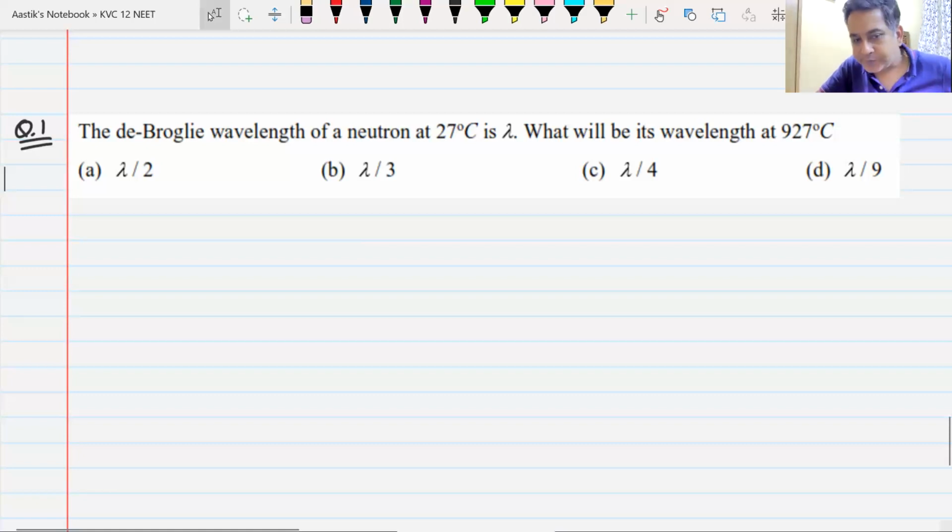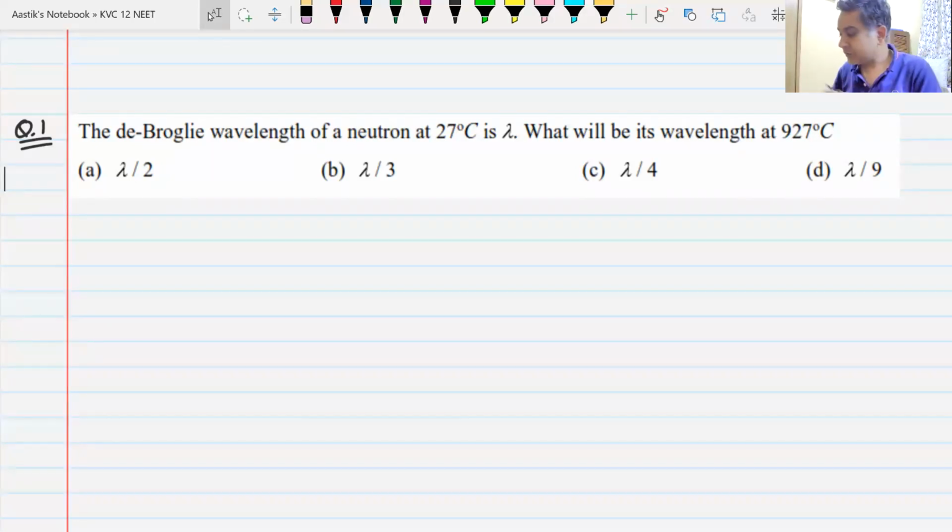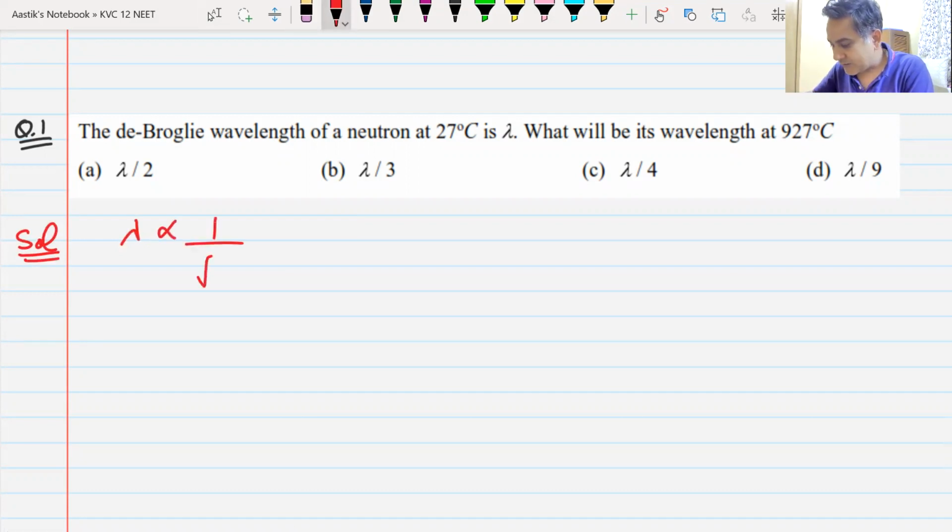Shall I do it? Now, we've already seen that this lambda is inversely proportional to the root of absolute temperature. Yes or no?